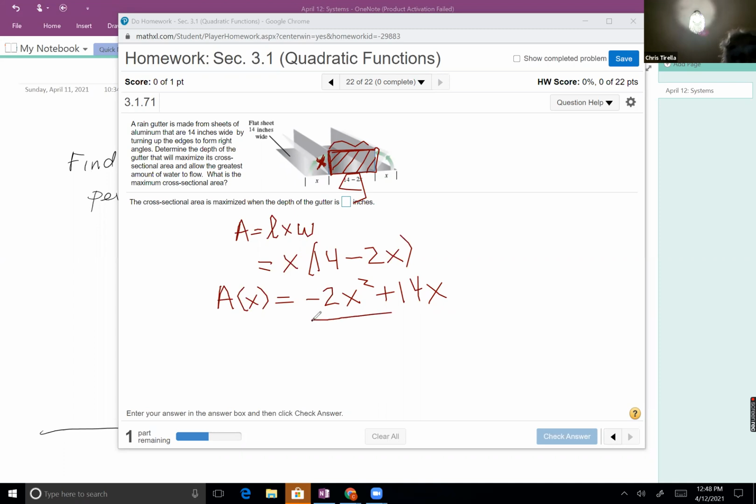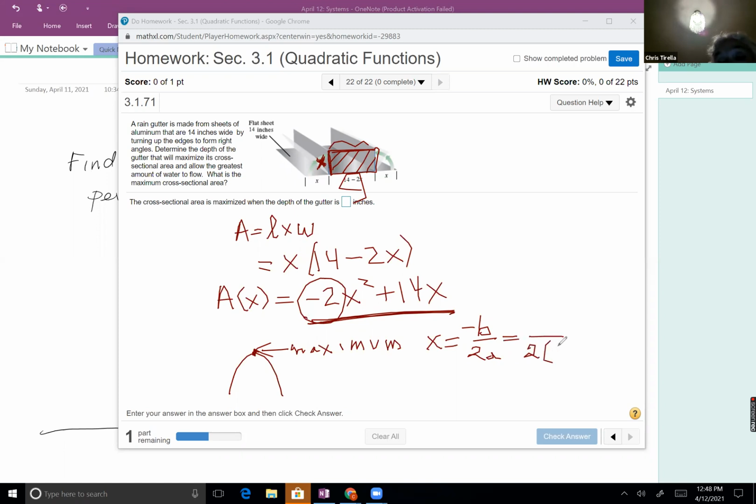Now looking at that equation, we recognize it's parabolic. That's negative, so it would be turning downward, and so it will have a maximum. The maximum occurs on the axis of symmetry, where x is negative b over 2a. Here a is negative 2, so 2 times negative 2.